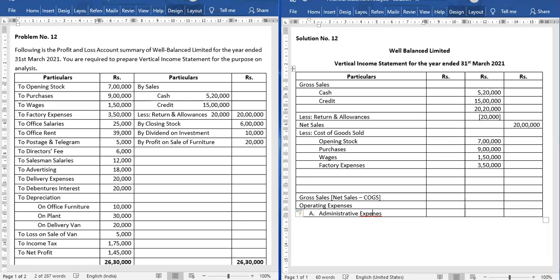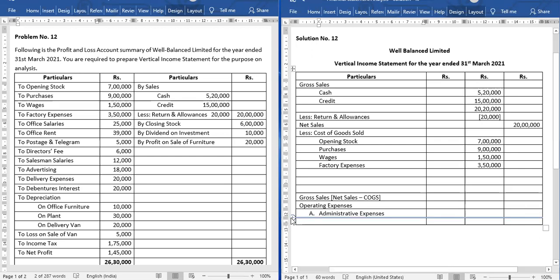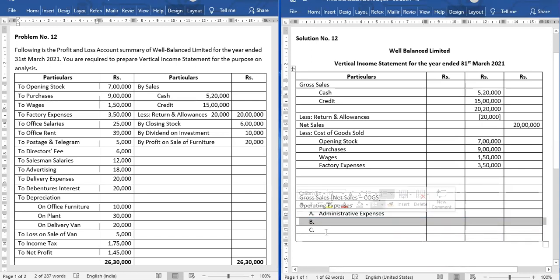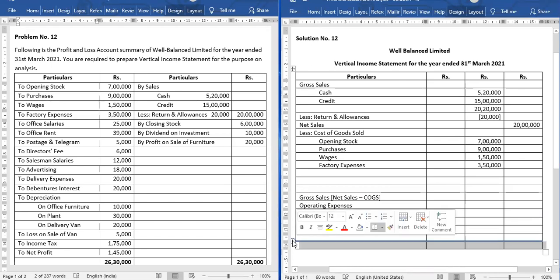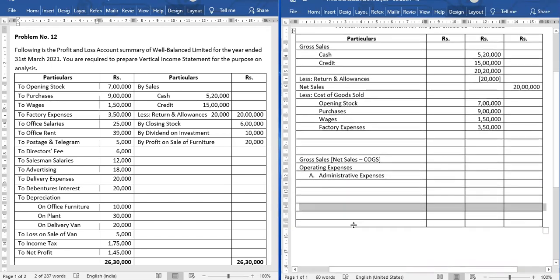Administrative expenses includes, leave 5 to 6 lines. Okay, 1, 2, 3, 4, 5, 6.